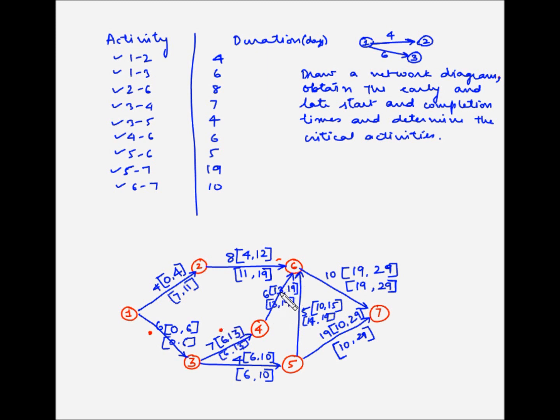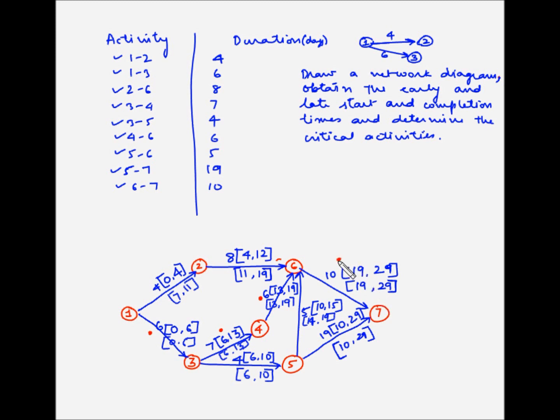4 to 6, earliest start is 13, latest start is 13, earliest finish is 19, latest finish is 19. So both the set of numbers are the same. So this is on the critical path. Activity 6 to 7, earliest start is 19, latest start is 19, earliest finish is 29 and latest finish is 29. So both the sets of numbers match.